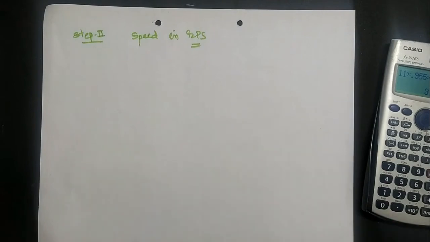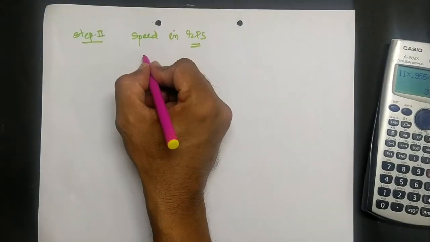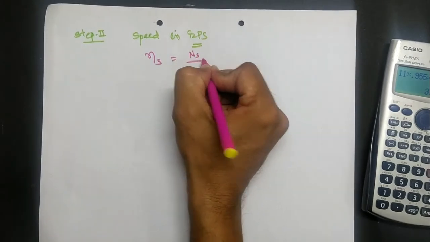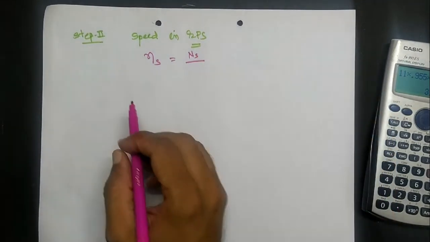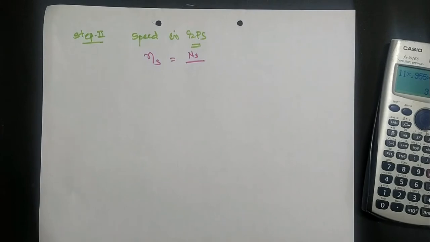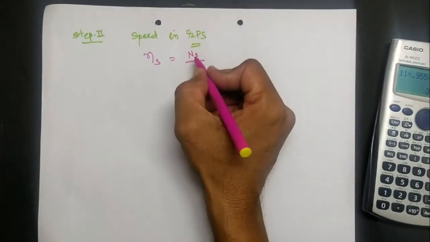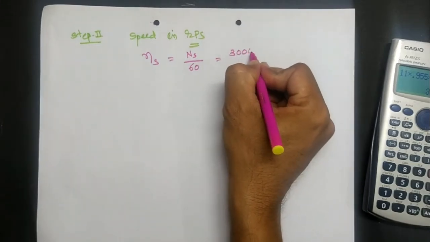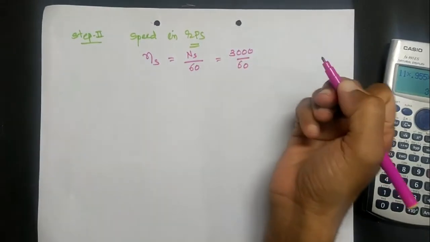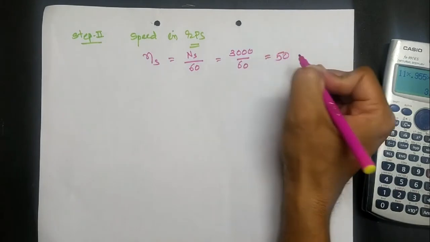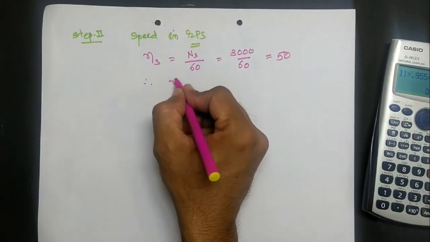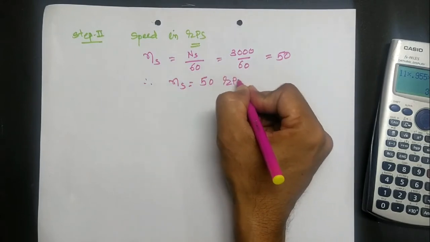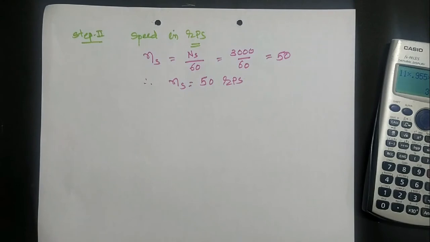So speed in RPS, that is NS, capital NS, for the revolution per minute, and small ns, that is synchronous speed in revolution per second. So divide by 60, 3000 is the given speed, divided by 60, it comes to 50. Therefore ns is equal to 50 rps, that is revolution per second.